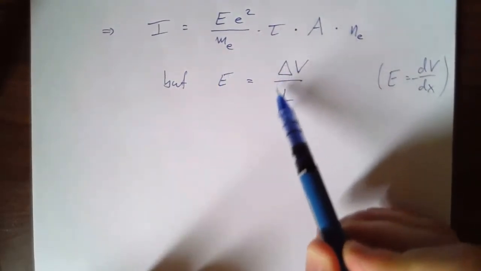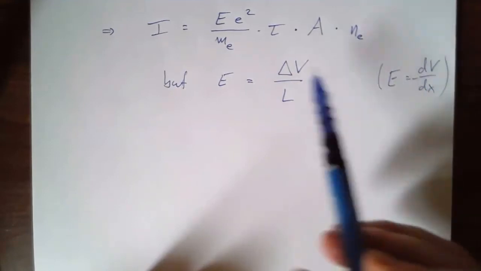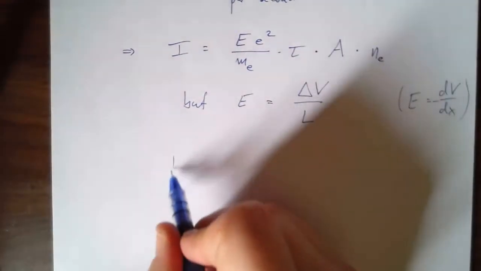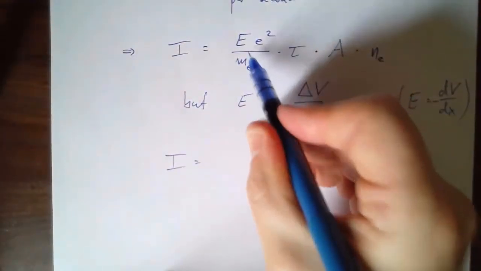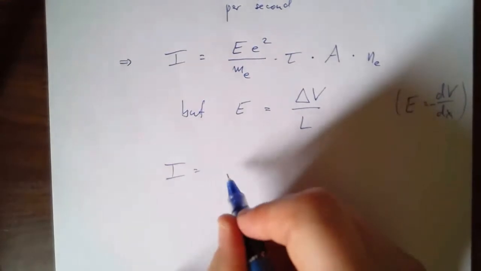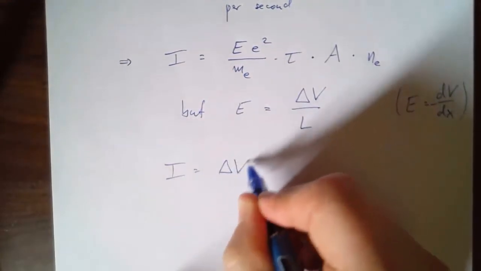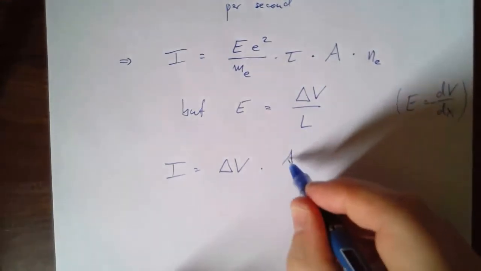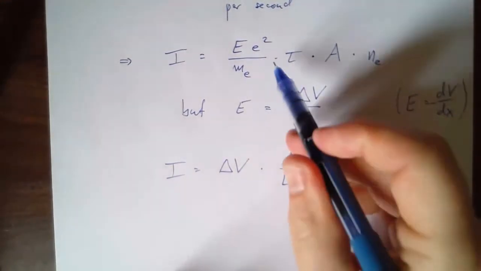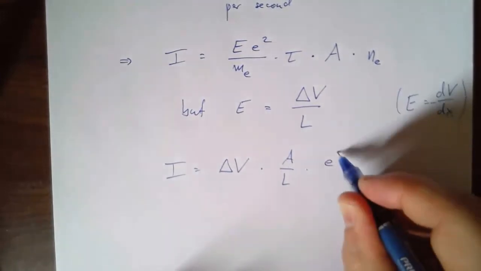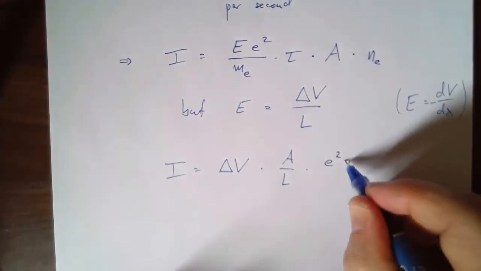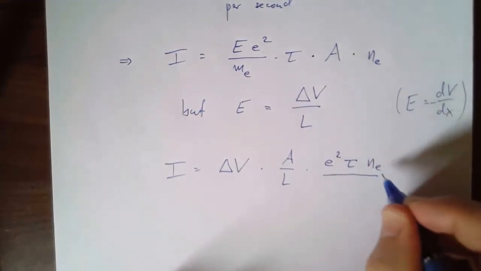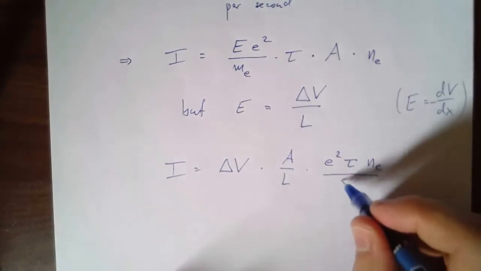So we can go with this finite fraction rather than the infinitesimal one because the electric field is constant. So that means my current, I'm going to plug this in and rewrite it a little bit, is delta V times A over L, times the rest, which is, if I'm not mistaken, E squared tau times the electron density divided by the mass of the electron.